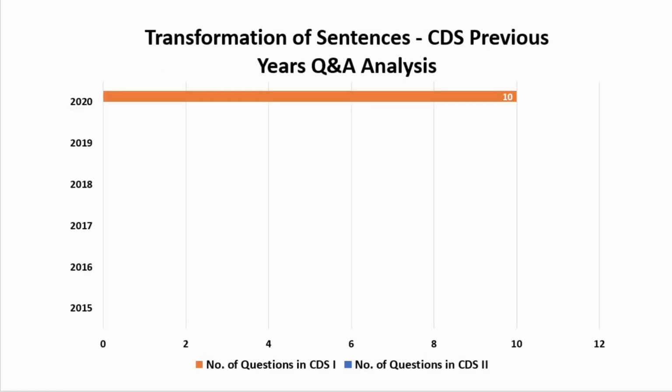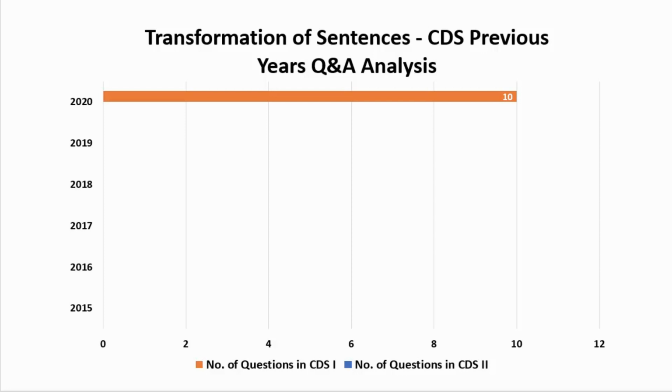And last but not the least is the newly introduced topic in the English section of CDS, that is transformation of sentences. As you can see from this chart, transformation of sentences questions didn't come in 2015, 16, 17, 18 or 19, but in CDS 1 2020, 10 questions came as a surprise from this particular section.